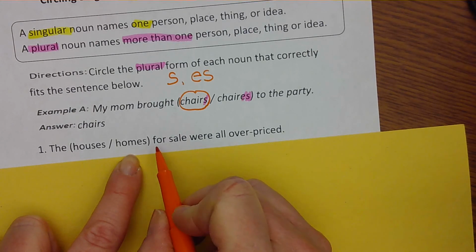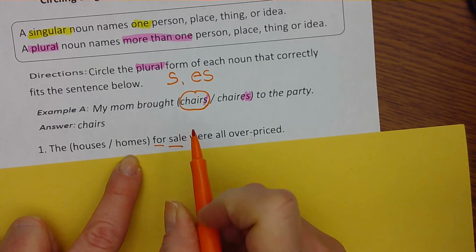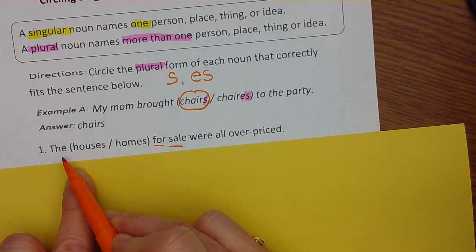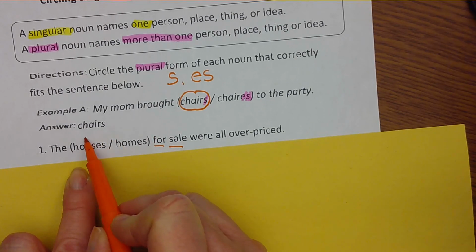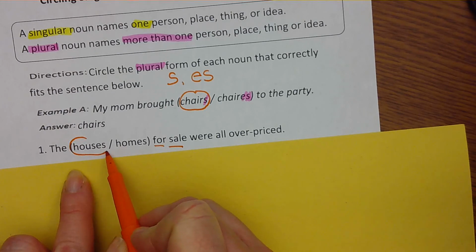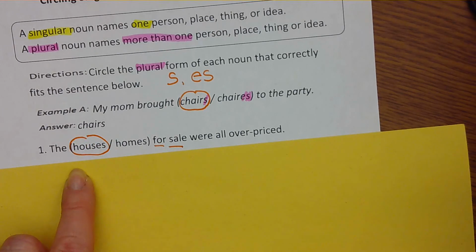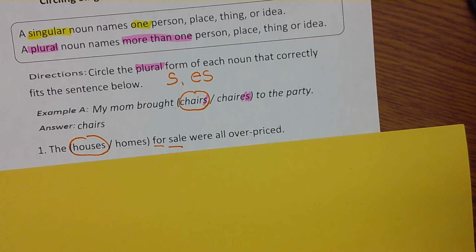So if they're for sale, I'm using those clues to tell me that we want the noun houses. There's nobody in there yet. So we want to say the houses for sale were all overpriced. Hopefully somebody will move in and it'll make those houses homes.